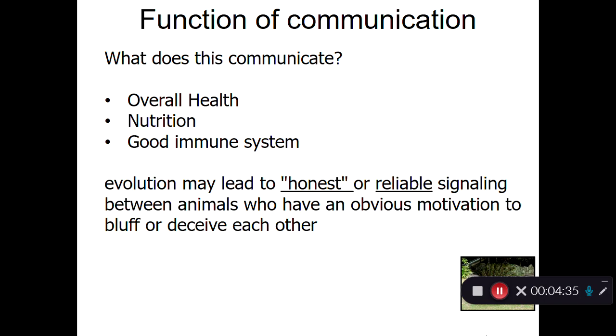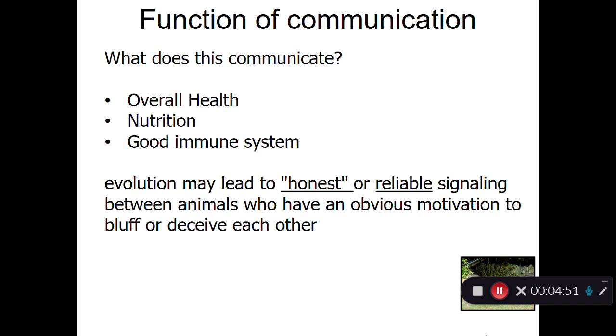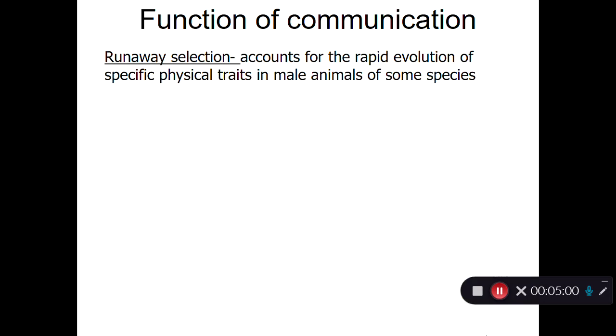My health is good. We call this honest or reliable signaling, because the males would like to get a mating with the female, and they have an obvious motivation to bluff or deceive that he's more fit than he actually is. So this is a good way of females assessing the health of this guy.